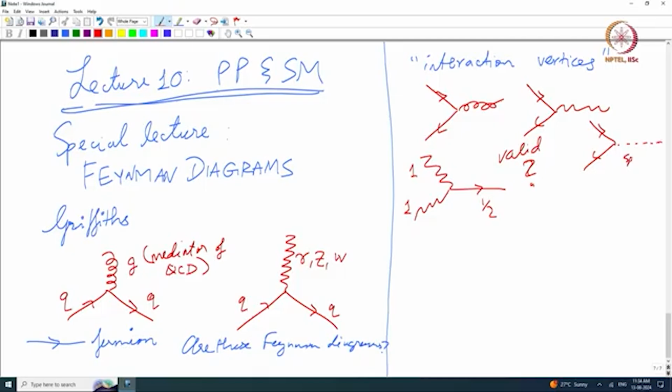So, this is spin 0, this is spin 1, this could be a W or a Z or a photon, and this is also spin 1, a gluon. These conserve spin, but this does not. So, no, I cannot do this, this is not allowed. How about this?